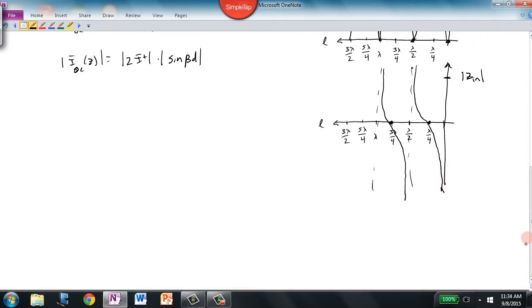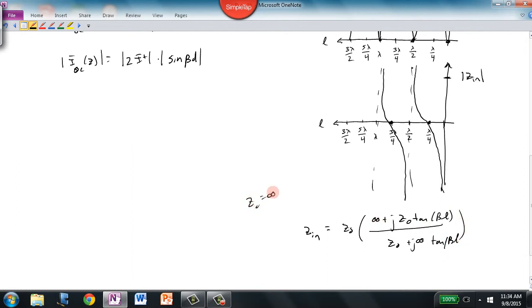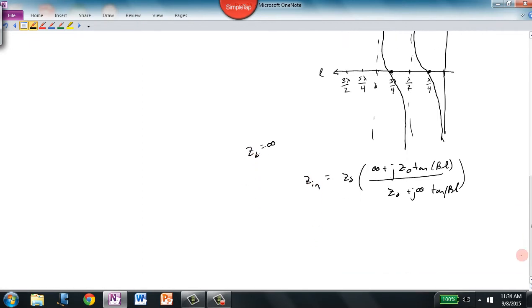Mathematically, this comes from Zin equals Z0 times (ZL plus j Z0 tangent of beta L) over (Z0 plus j ZL tangent of beta L). I've just plugged in ZL equal to infinity into the input impedance equation.